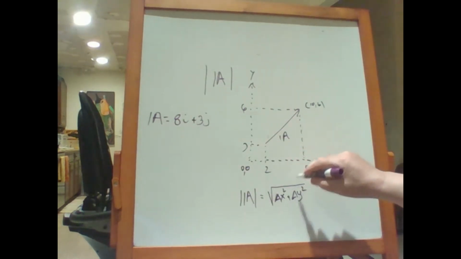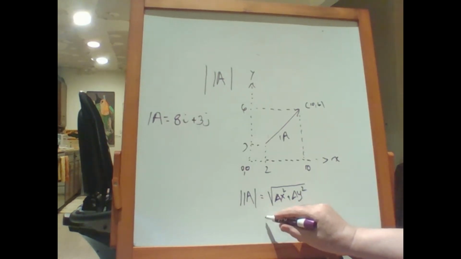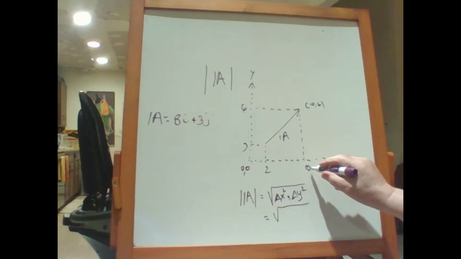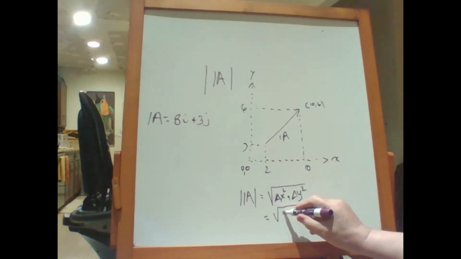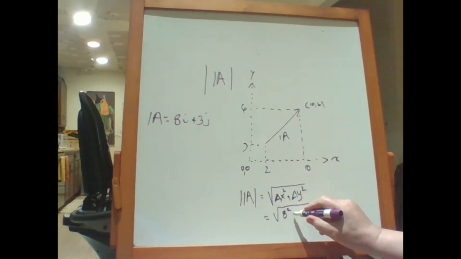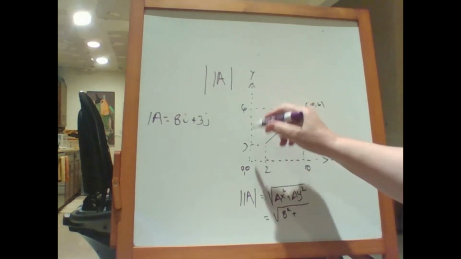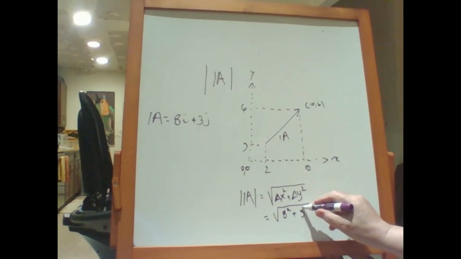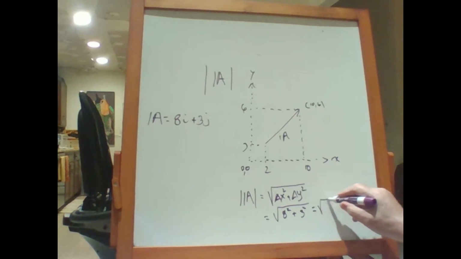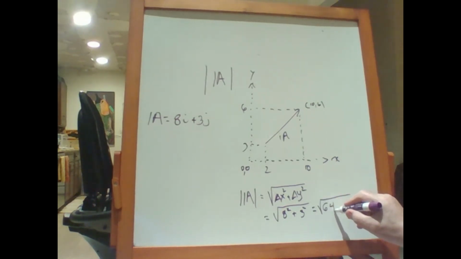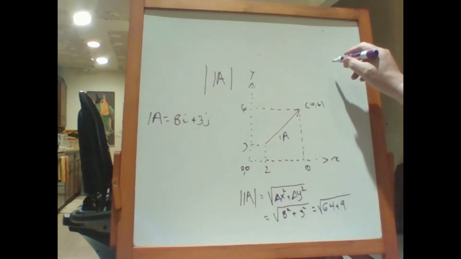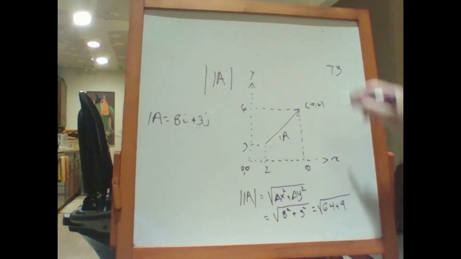Well, that's the change in x squared plus the change in y squared, which is 10 minus 2, that's 8 squared, plus 6 minus 3, 3 squared, and that's equal to 64 plus 9, that's 73, square root of 73.